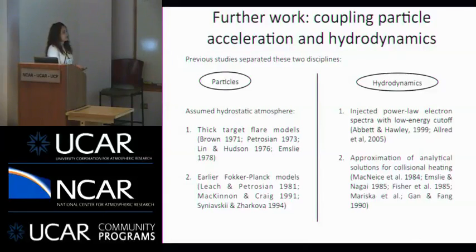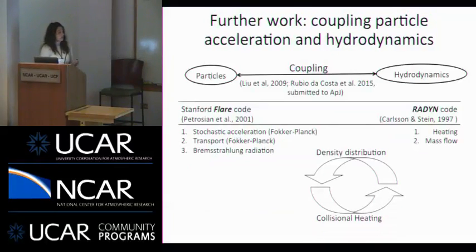Moving on to further work, there have been two disciplines so far. There is the hydrodynamic observations on one side and the particle study using the Fokker-Planck equation on the other side. What we want to do is to couple these two effects and apply them to this flare.